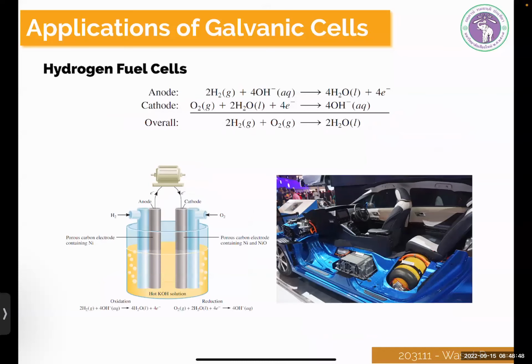And not only that, the last type of galvanic cell that I will talk about is the fuel cells, right? So fuel cells are quite different from the batteries. How do they differ? Well, fuel cells are essentially electrochemical cells where you put in traditional fuels, such as gasoline, right? What's gasoline?